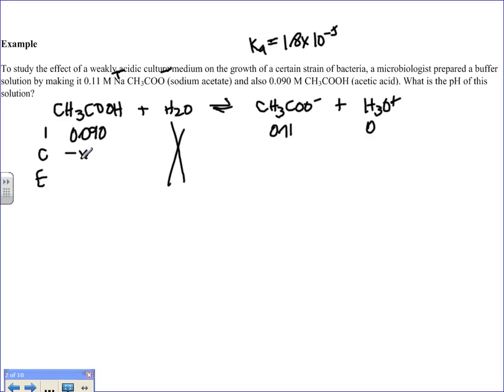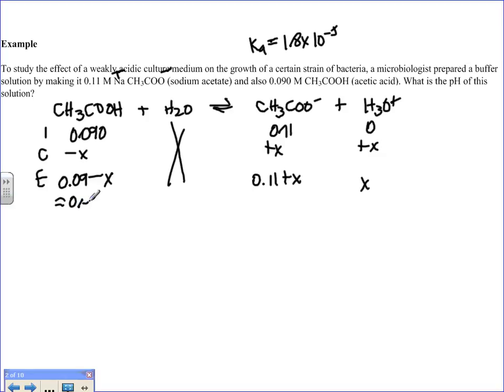So when we set this up, we know that the right-hand side is going to increase. The H3O+ has nowhere else to go, so it must increase. At equilibrium, the acetate is 0.11 plus X, and the acetic acid is 0.09 minus X. Now, because this has a small Ka value of the order of 10 to the minus 5, we can make the assumption that X is so small that it has very little effect on the initial concentrations.